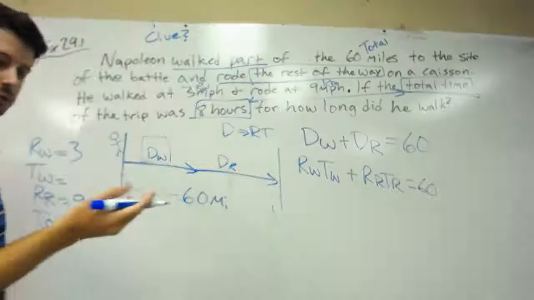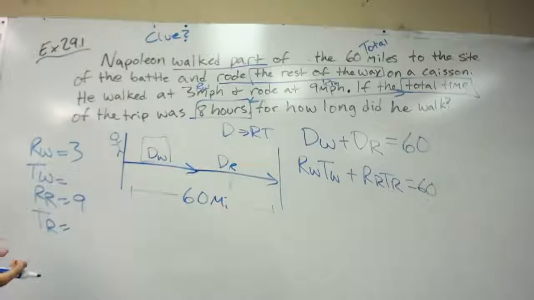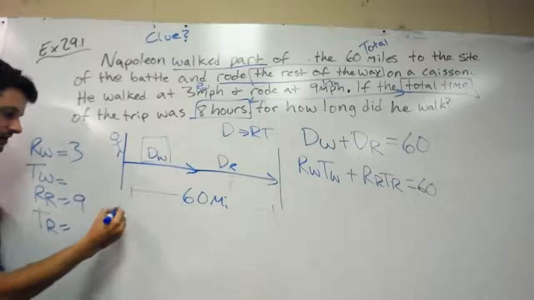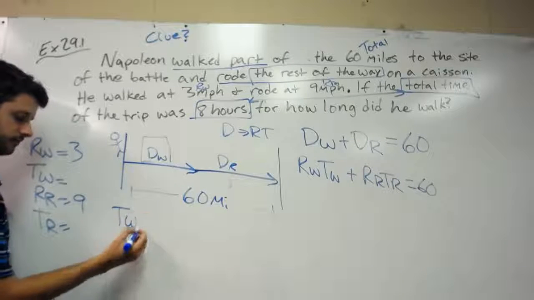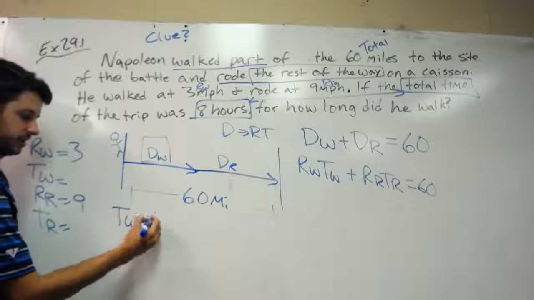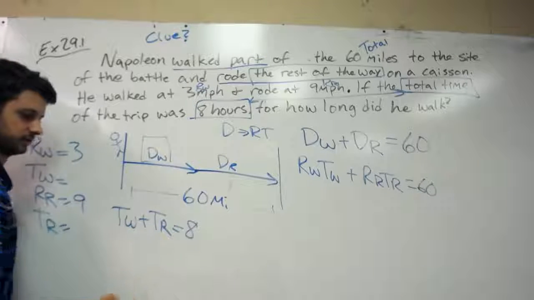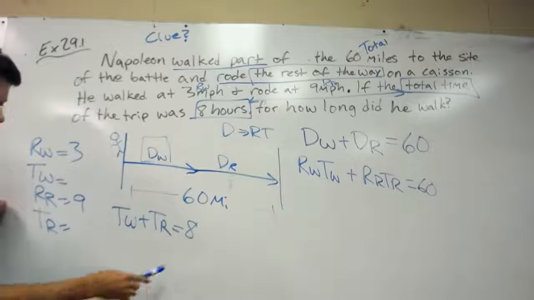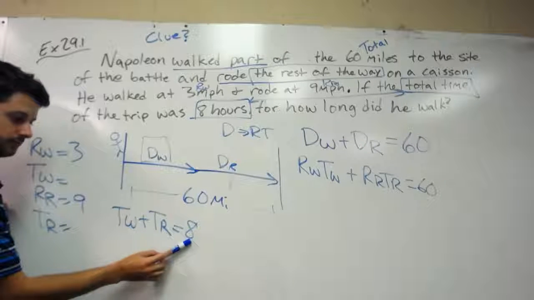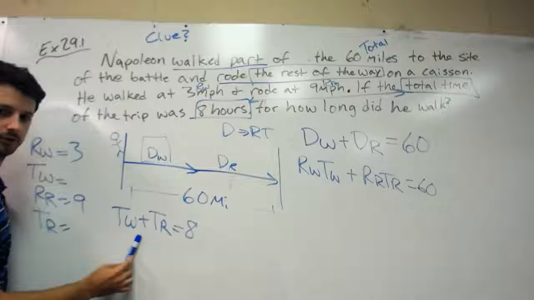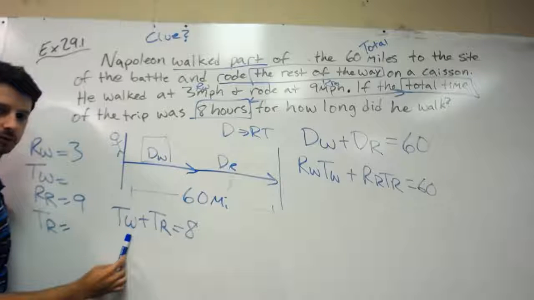How could we write total time between time walked and time rode? Well, what you could say is the time walked plus the time rode equals 8 hours, because 8 is our total. So if 8's our total, it simply equals the sum of the time walked and time rode.